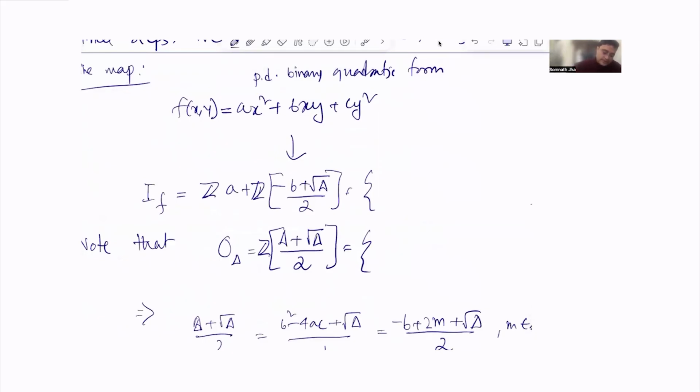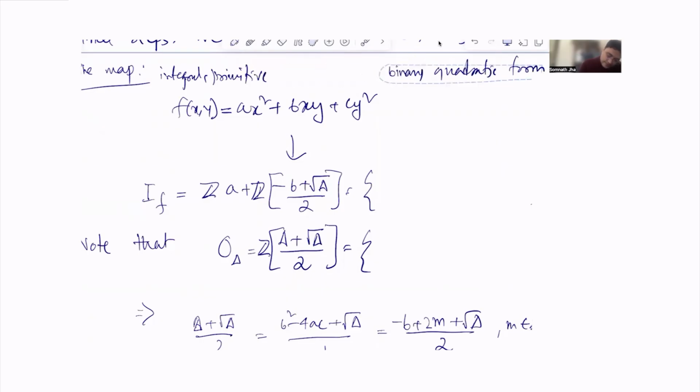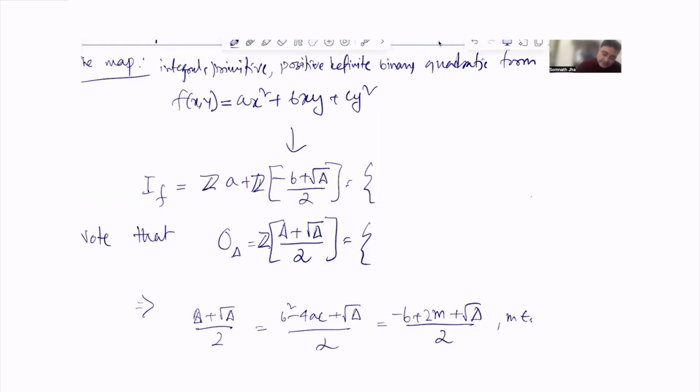f(x,y) = ax² + bxy + cy², and you send it to. So we are starting with an integral, primitive and positive definite binary quadratic form f(x,y) = ax² + bxy + cy², and then Δ is b² − 4ac, and we know Δ is less than 0.